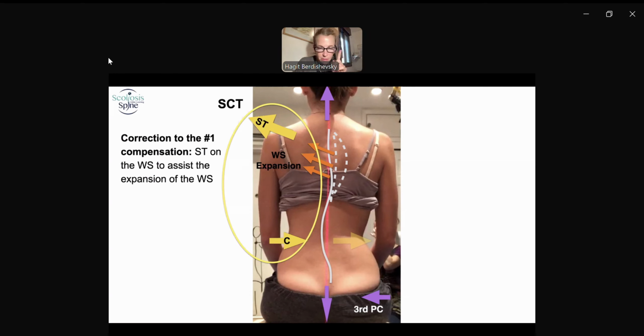But it starts really from the lumbar correction. From the lumbar correction, then comes the shoulder traction that needs to correct the compensation that will appear in the thoracic as a response to the lumbar.